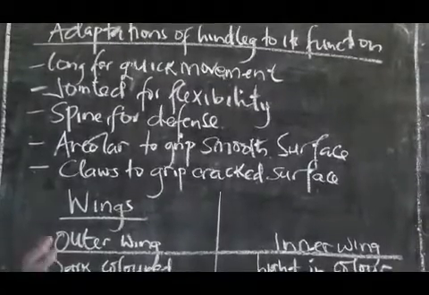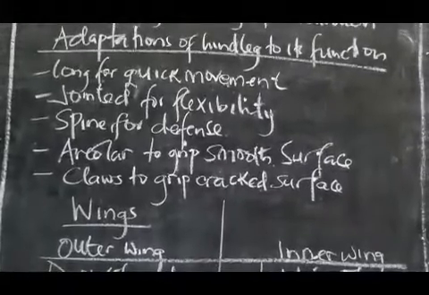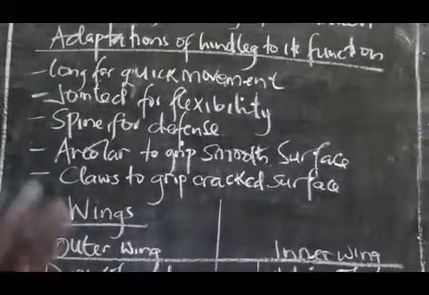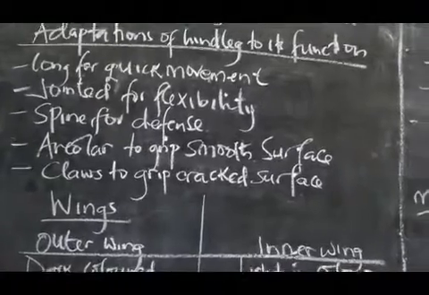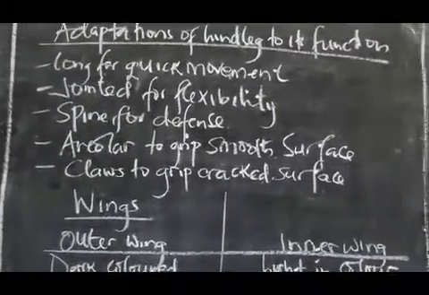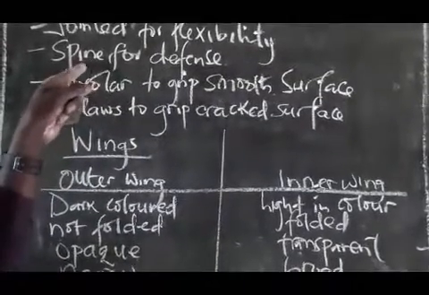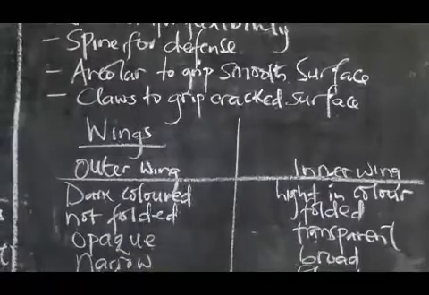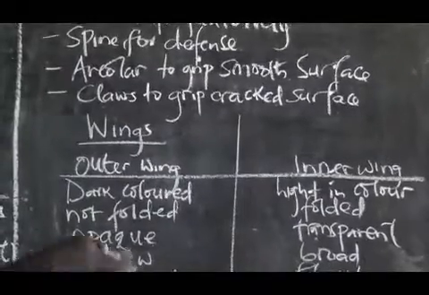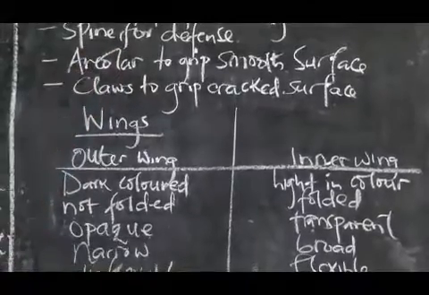The leg is long for quicker movement compared to, of course, if it were short. And then jointed. Jointedness allows more flexibility of movement. And then we also have spines, just like in the grasshoppers, remember. The spines are used for defense. If you try to catch it, it pricks you with that spine. And then you have the arolium.